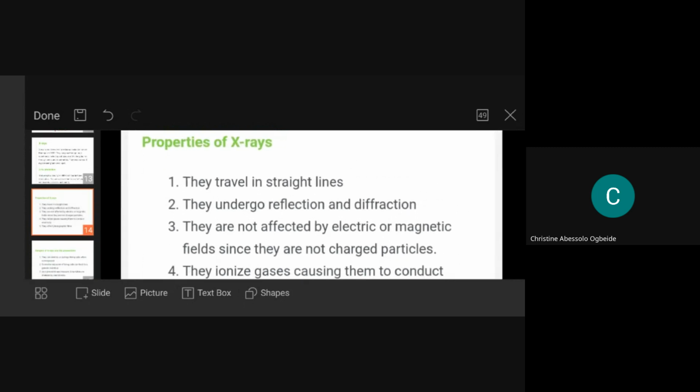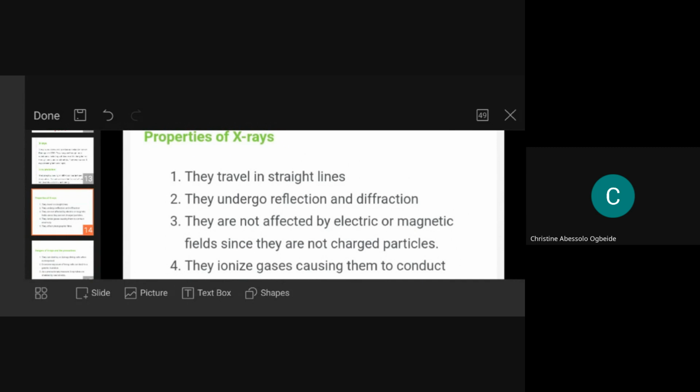Another thing you should take note of, having known the properties of X-ray, I repeat again, they travel in straight lines, they undergo reflection and diffraction. Of course, they are rays, they are waves. And one part of the properties of waves and rays is that of course they undergo reflection. Every wave reflects, all right? Of course, waves diffract.